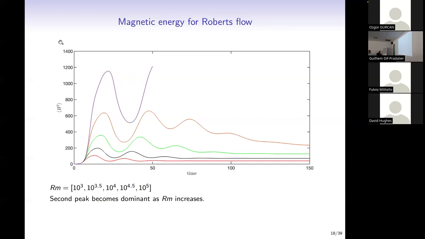But you can see that there are obviously different things going on in this periodic cell, because at high Rm, which is 10 to the 5 here, or 10 to the 4.5 here, this second peak is going to win. So it's expelling, forming these boundaries, but then it's doing something again, which has to be due to the presence of the two time scales, one to do with the stagnation point.